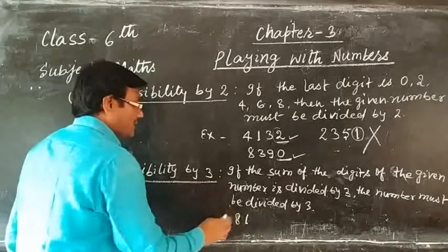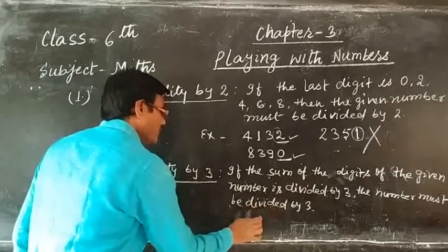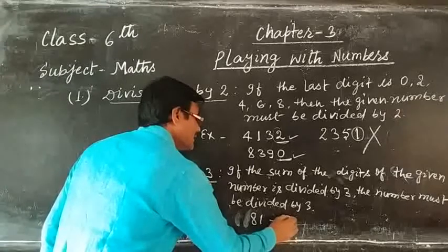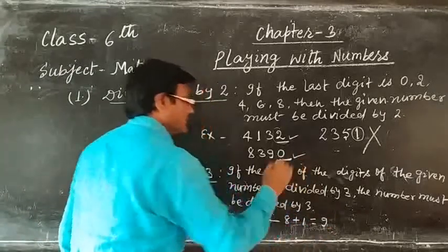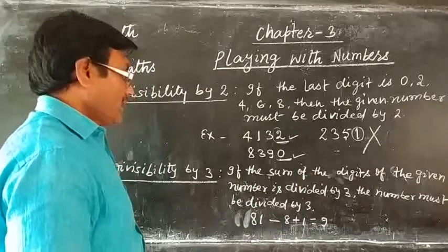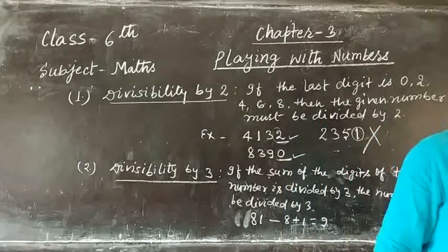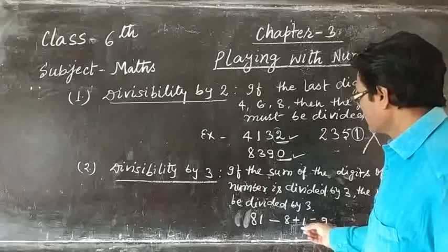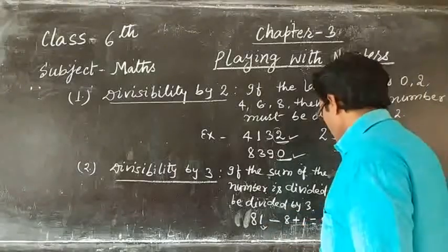Students, in 81, two digits are there, 8 and 1. So we add these digits: 8 plus 1 is equal to 9. You can see that the sum of 8 and 1 is 9, which is divisible by 3. So the number 81 must be divisible by 3.